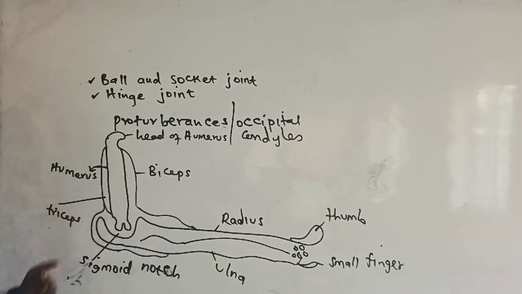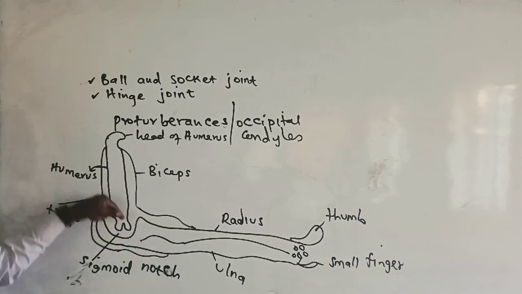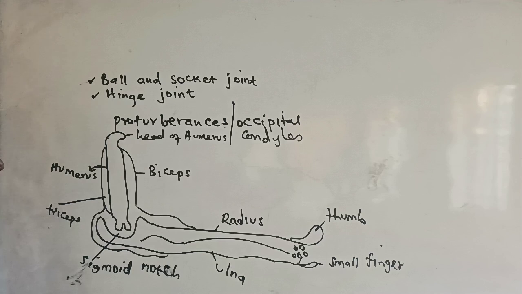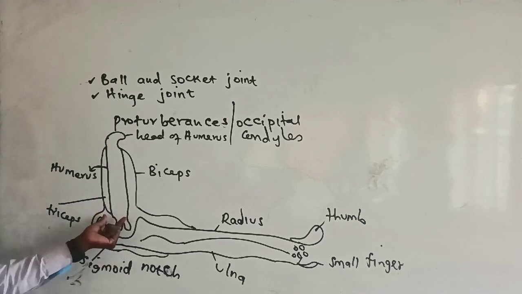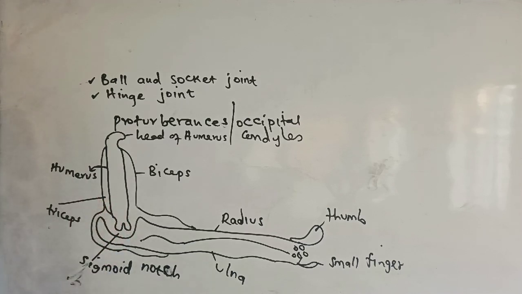So at this point, I've said the condyles of this humerus are fitting into the sigmoid notch as a depression or cavity of the radius and ulna. And of course, this point, serving as our joint, must have muscles that keep those bones together.